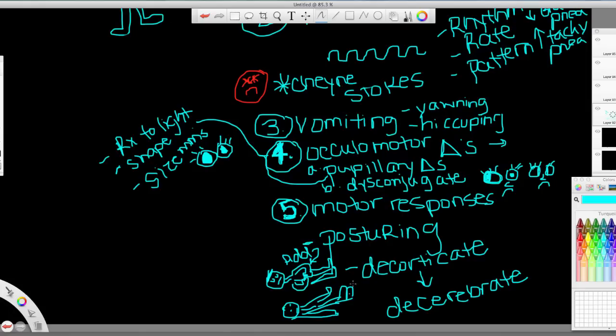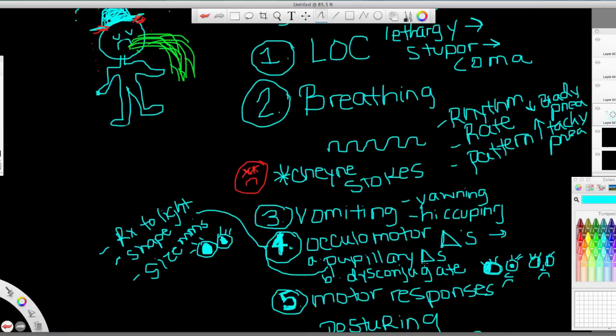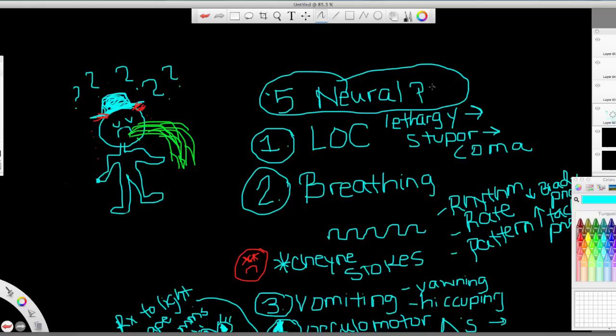So decerebrate is the more severe of the two types of posturing. So this tells you a lot about what's going on with John Deere, and is a brief overview of the 5 categories of neural functioning. I guess more appropriately we would call this the 5 categories of neural pathophysiology. All right.